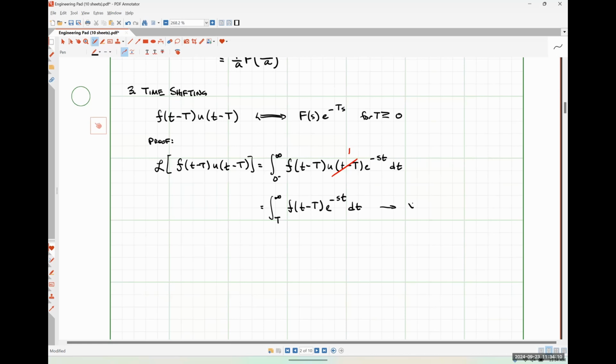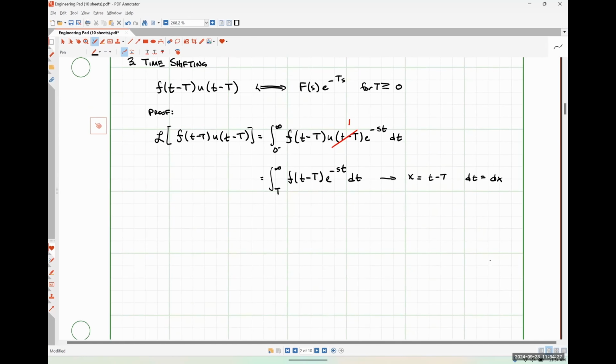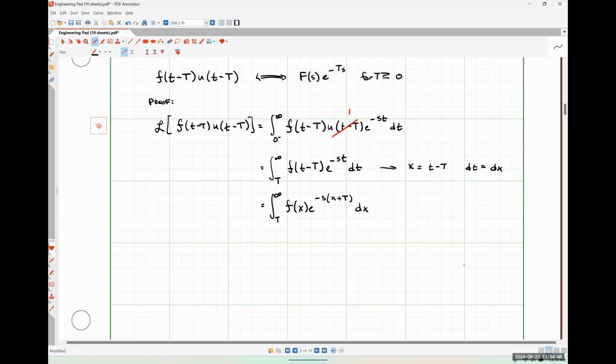Let's let x be equal to t minus capital T. And from this, dt is just dx. So this gives us the integral from capital T to infinity of f of x e to the negative s of x plus capital T dx.